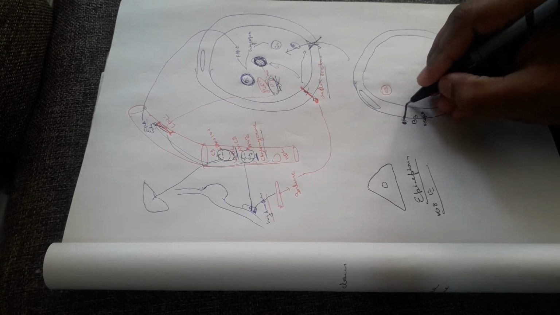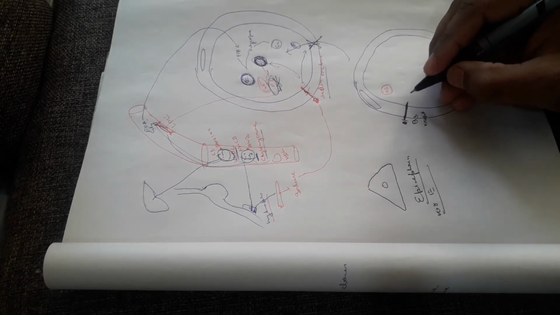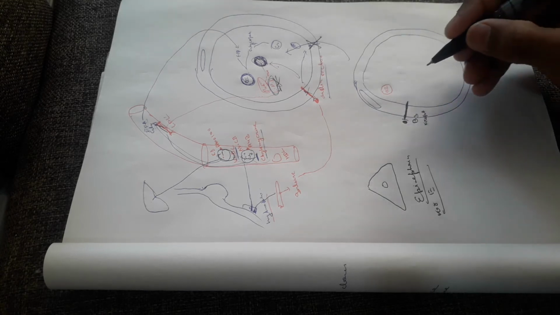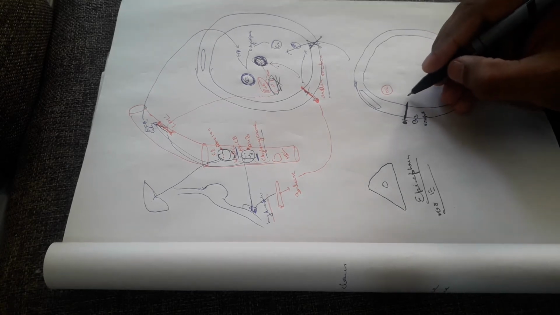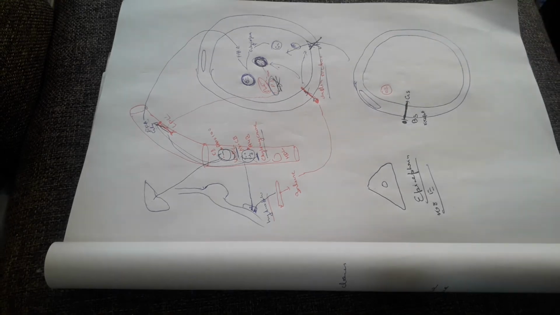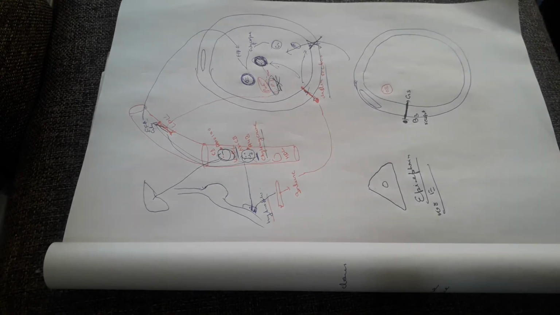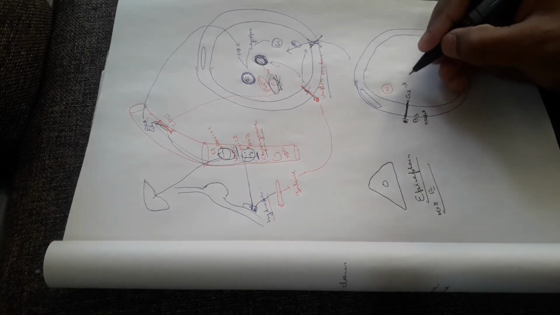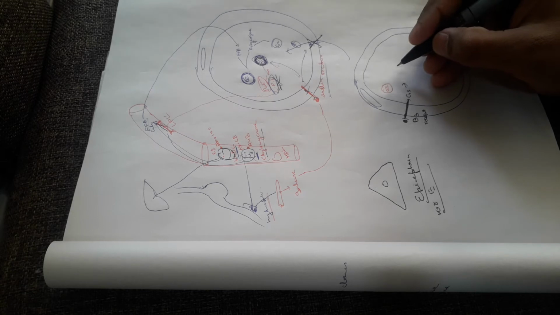It generates signal in the cell and activates the G stimulatory protein. When the G stimulatory protein is activated, then it activates the adenylyl cyclase.